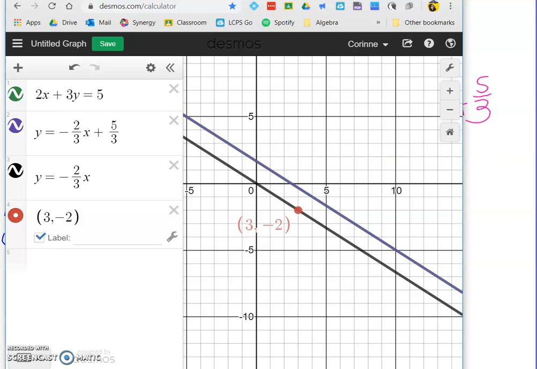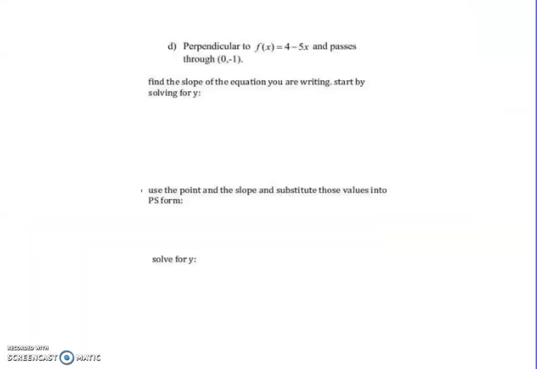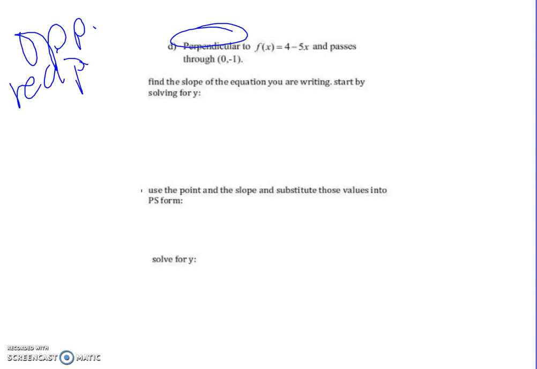Let's try a perpendicular problem. So we're looking for a perpendicular line, which means we need an opposite reciprocal slope. And this is not solved for y, but it's not too hard to solve this one for y. So we're going to start with just rearranging these terms so we have mx plus b.